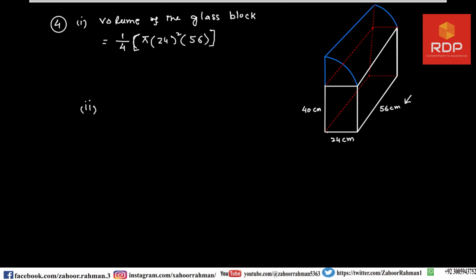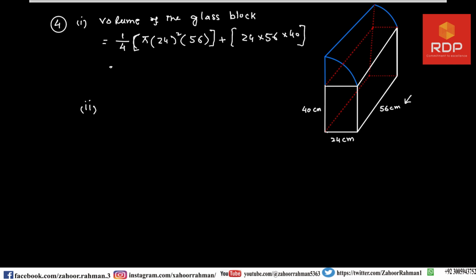I am closing this one, and there is a simple cuboid in which there is 24 multiplied by 56 multiplied by 40. Simple cuboid: length multiplied by breadth multiplied by height, which is given in the form of the white cuboid. White lines are there.